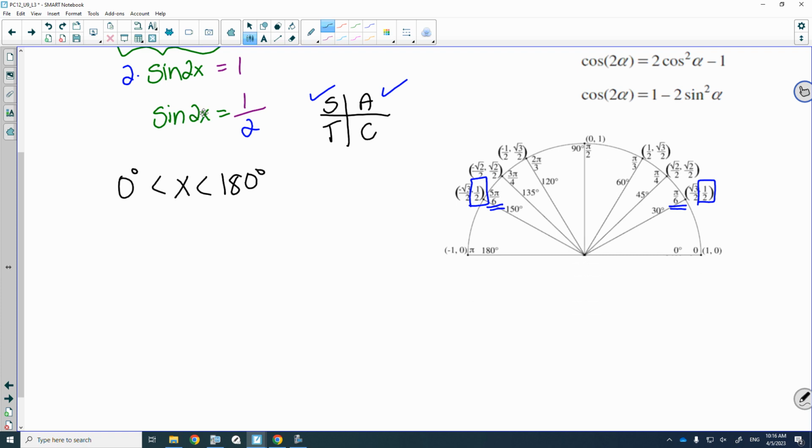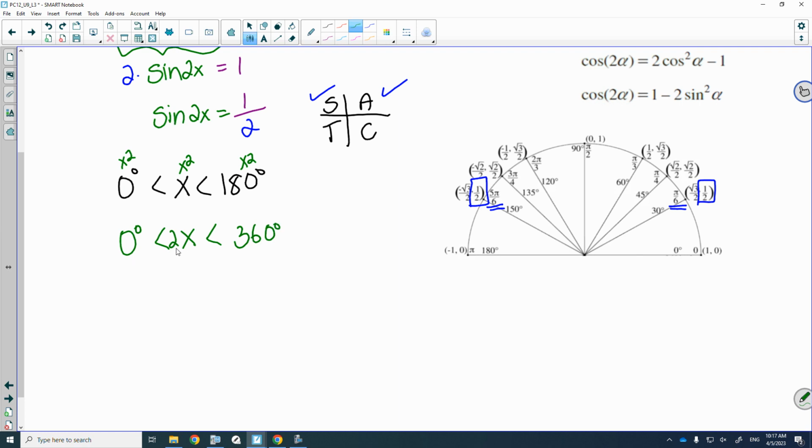Conversely, if this was a 3x, what would you do to all of these? You'd multiply by 3. If it was a 4x, you'd multiply by 4. But I need to get a 2x, so I'm going to multiply this by 2, this by 2, and this by 2. 0 is less than 2x less than 360 degrees.